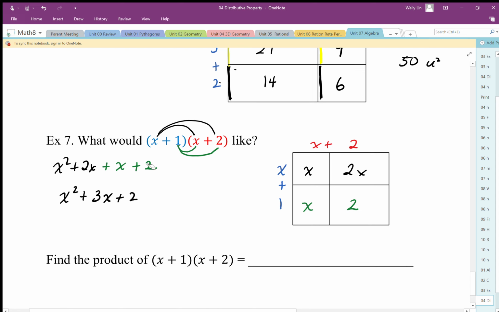We can just leave it like that if we want, but since there are like terms, we combine the like terms, 2x and x into 3x. So the answer to this product of x plus 2 times x plus 1 is going to be 1x squared. Oops, there should be an x squared here. Just make note of that. So there's 1x squared, 3x's of area, plus 2 1's of area.